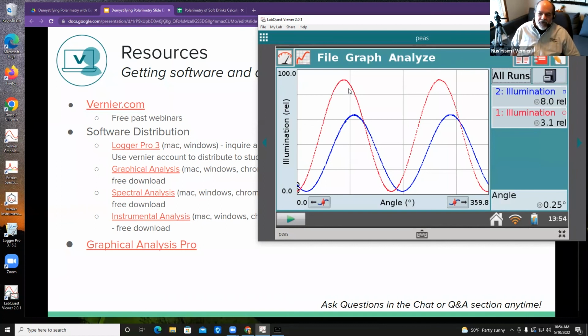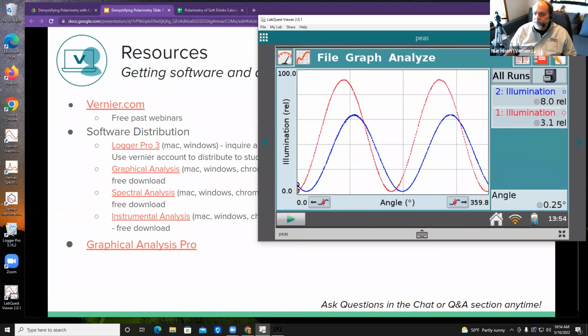It runs on computers and Chromebooks, and if you have wireless sensors, it also runs on phones and tablets. Logger Pro is only computer software. That's something we get a number of questions about.